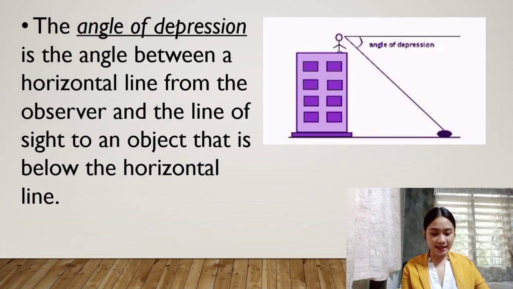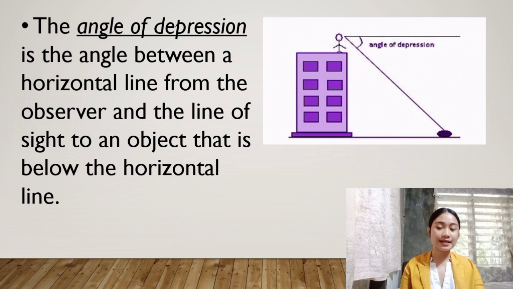On the other hand, ito naman, the angle of depression is the angle between a horizontal line from the observer and the line of sight to an object that is below the horizontal line. Below na naman sa horizontal line. Look at the picture there. There is a person on the rooftop. Yung paningin niya is downward, pa bottom.